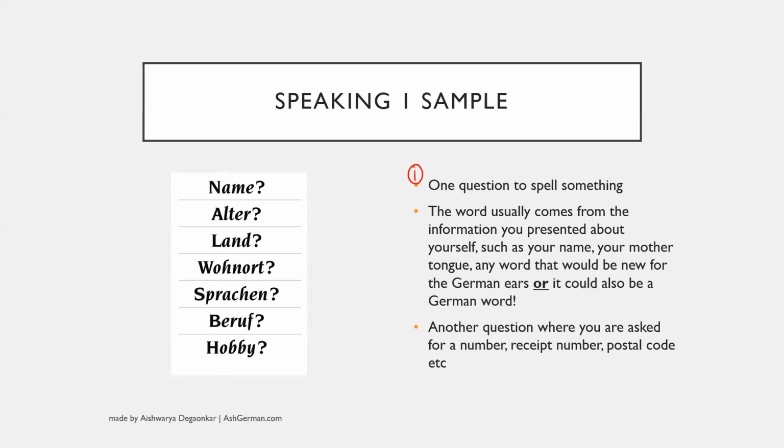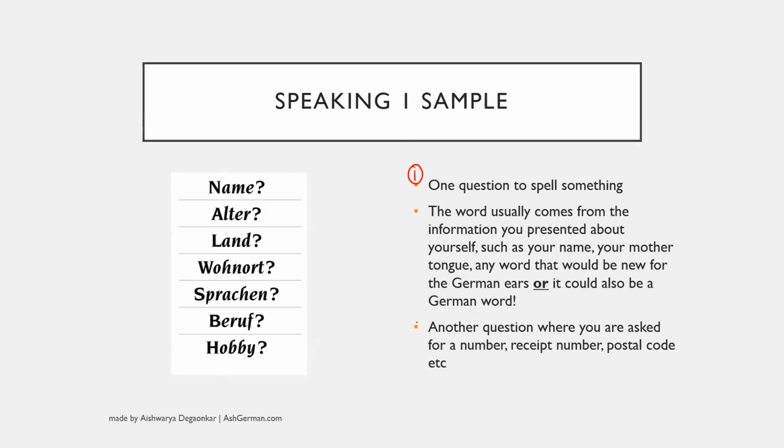Now, after you introduce yourself, there's one question asked to you where you have to spell something, what I just explained. It usually comes from the information you presented, or they could just ask you to spell any random German word, or they could ask you a question. Say, for example, if I'm introducing myself and I forgot to mention my hobby, then the examiner may ask me, what's my hobby? And as I answer it, they will ask me to spell out one of the words that I just mentioned.